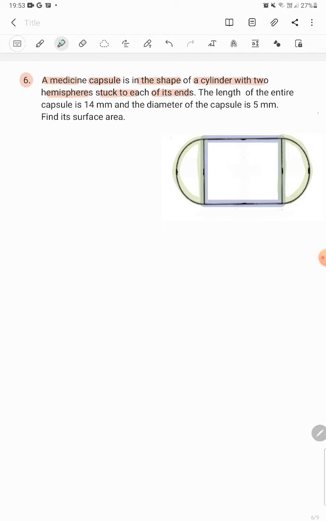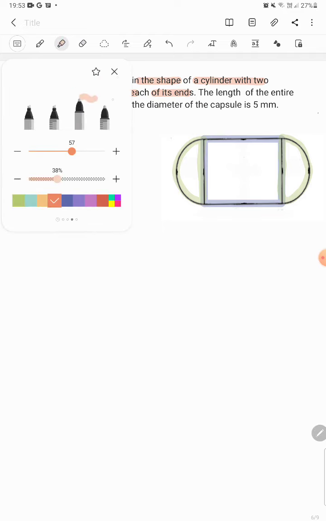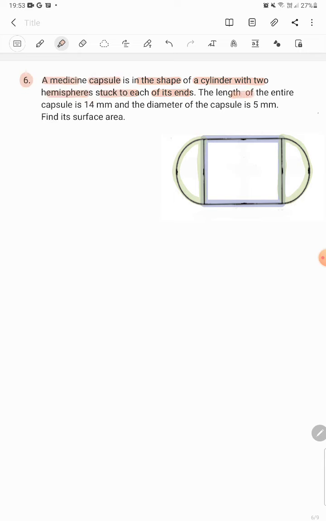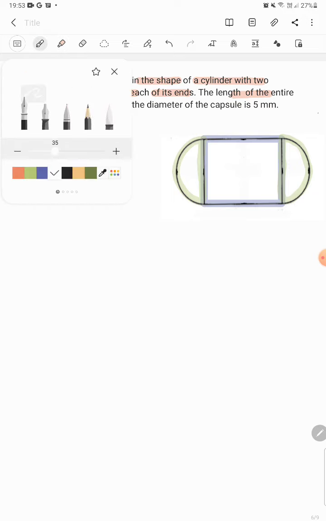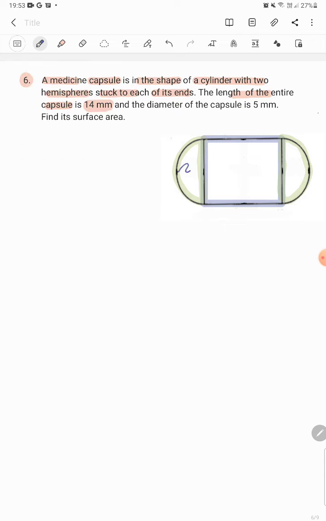total. So here the length of the entire capsule is 14 millimeter. So here they are saying that this whole length of a capsule is 14 millimeter.